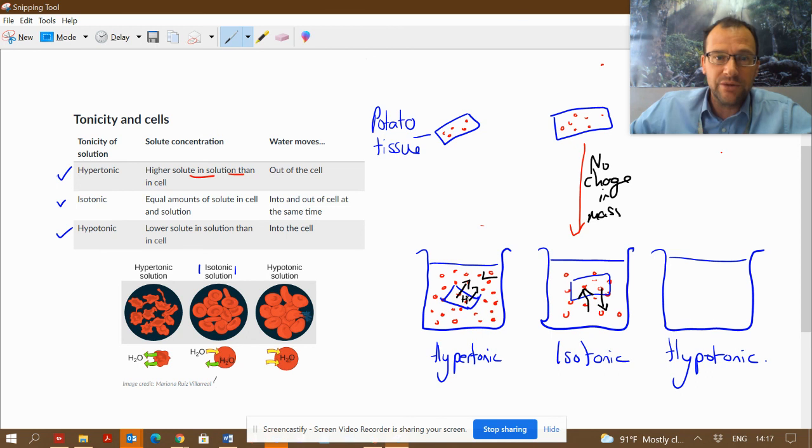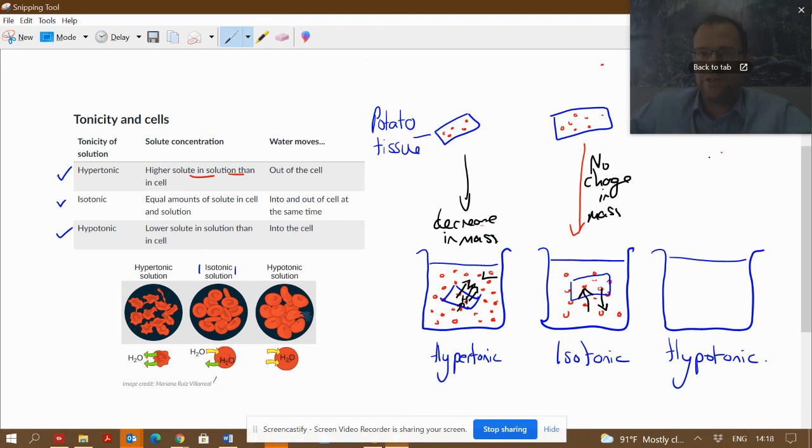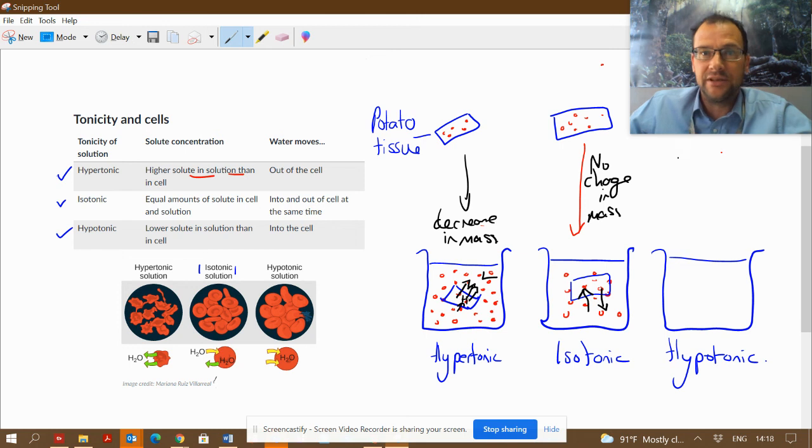So we've got lots of water moving out of the potato and a little bit moving in, because there is always something moving in. There's just more moving out. So here we have a decrease in mass of the potato. And that's really good if you want to preserve vegetables. You remove the water, increase the salt content. Actually, that's how a lot of fermentation takes place, preserving that vegetable, pickling, if you like.